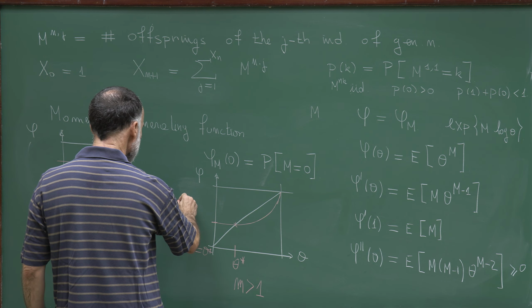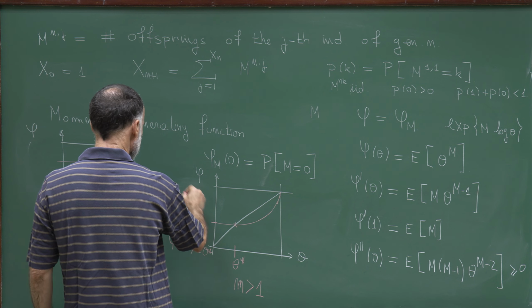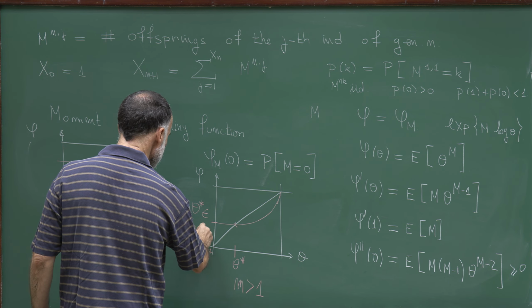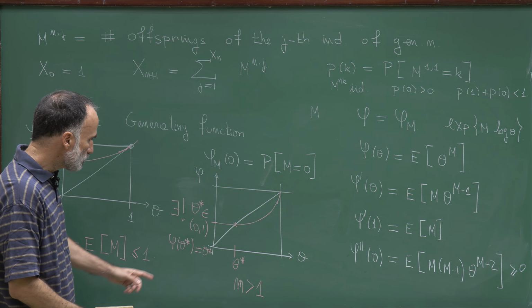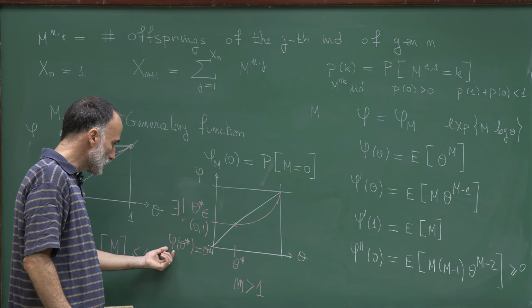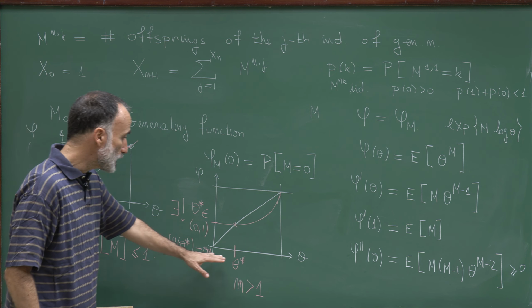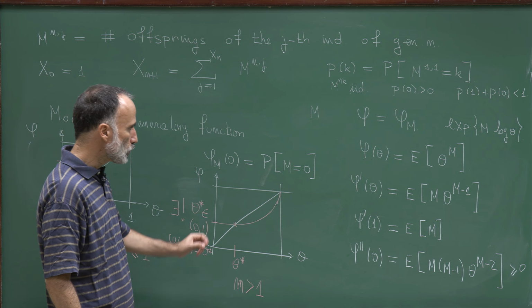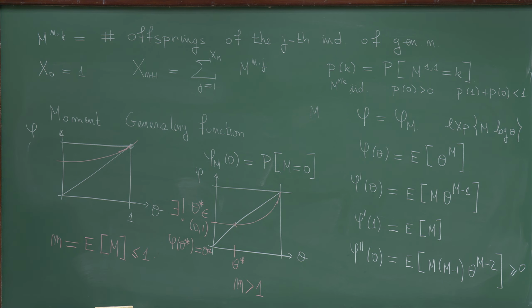So my claim is that there exists a unique theta star which belongs to the interval 0, 1, such that theta star is a fixed point of phi, which means that phi of theta star is equal to theta star. So I leave it to you to prove this claim, and you'll see that theta star will play a very important role in the solution of the Galton-Watson problem.